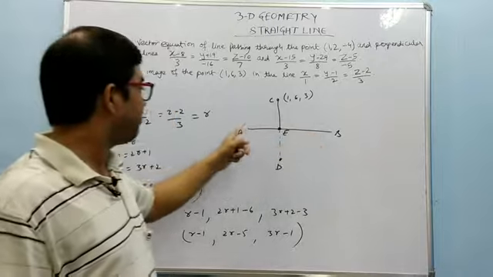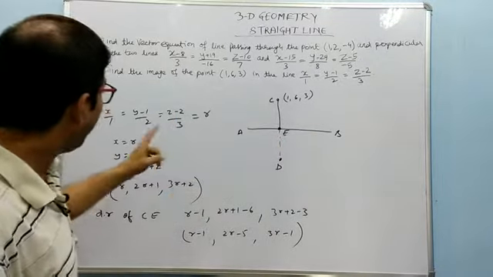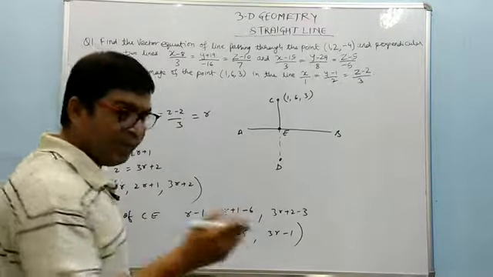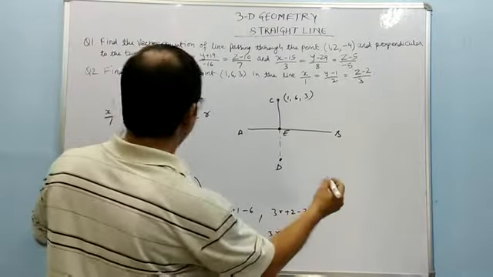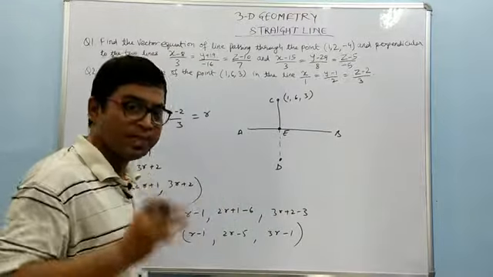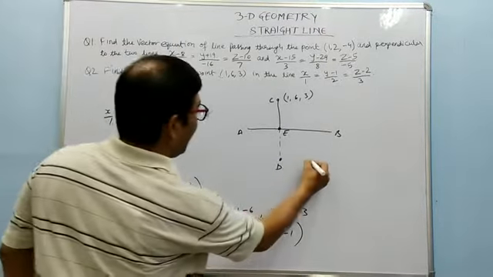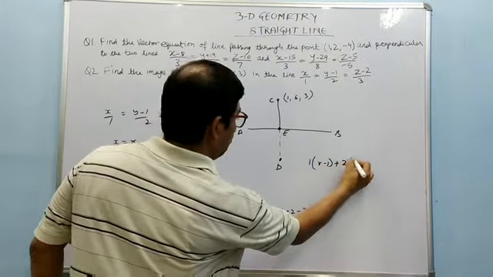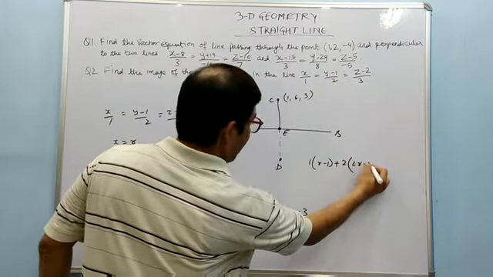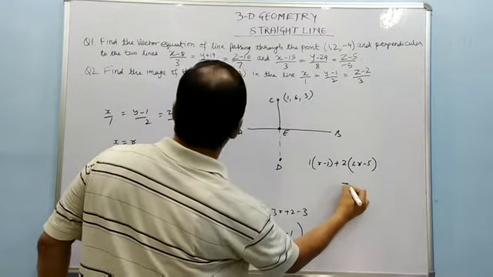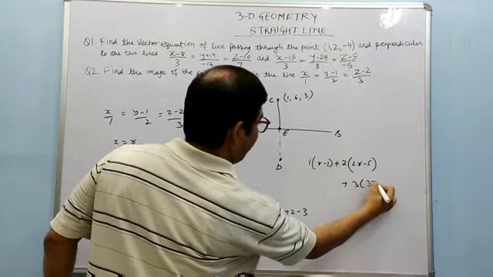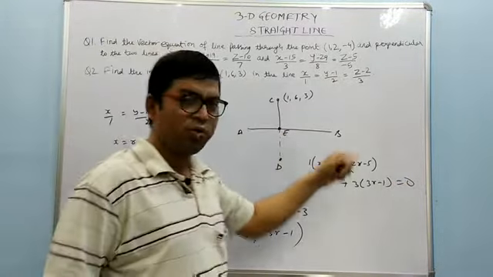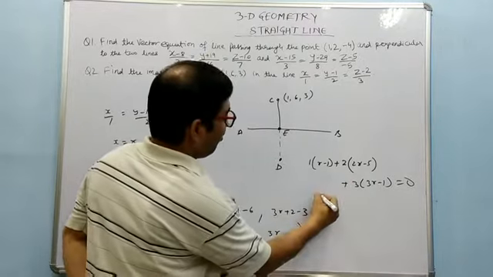Now AB is perpendicular to CE and we know the dr of AB is 1, 2, 3. We will apply the condition of perpendicularity, that is a1 a2 plus b1 b2 plus c1 c2 is equal to 0. So 1 into r minus 1 plus 2 into 2r minus 5 plus 3 into 3r minus 1 is equal to 0, because this line is perpendicular to this line. We'll get the value of r from here.